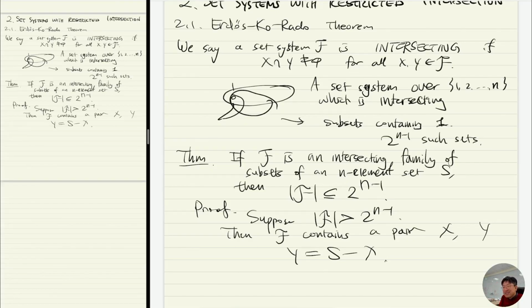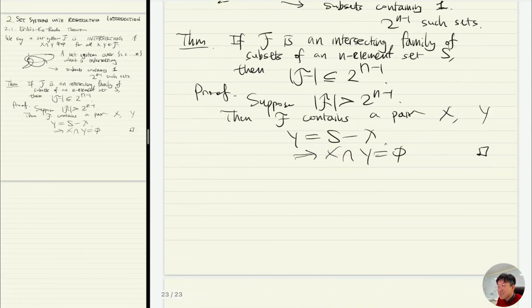Among all 2 to the n subsets, you have just pairs of complements. And since we are taking more than 2 to the n minus 1 subsets, there must exist a pair where both of them are inside F and they're complements of each other. But then X intersection Y is empty. This is not the Erdős-Ko-Rado theorem, so it's an easy observation on intersecting families.